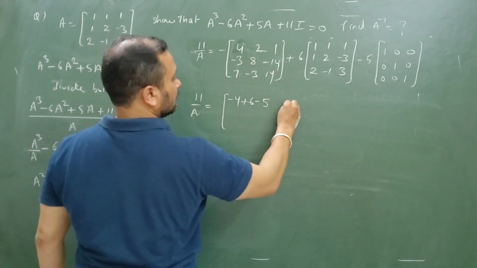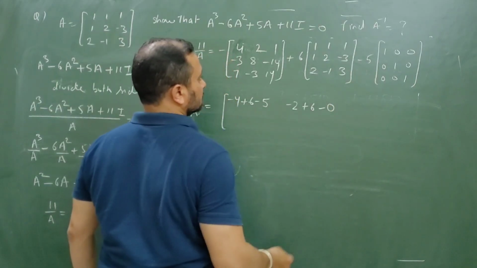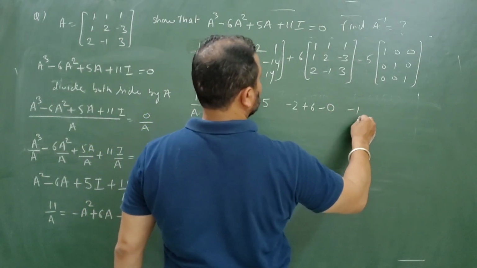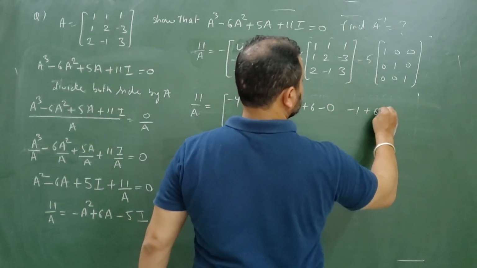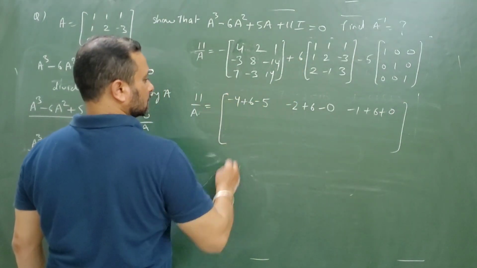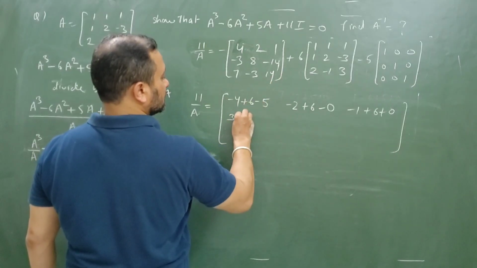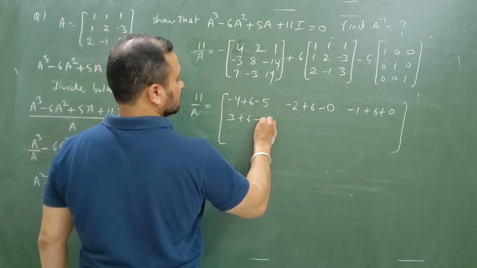The next one, -2 plus 6 is 0. Next one, -1 plus 6 is 0. The next one, minus minus plus 3 plus 6 is 0.